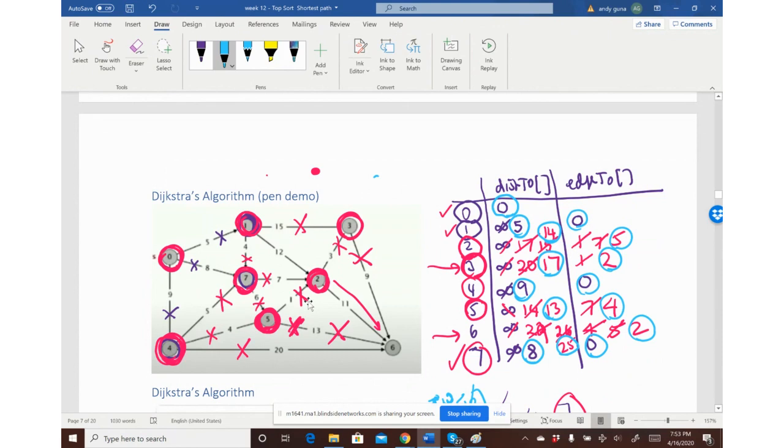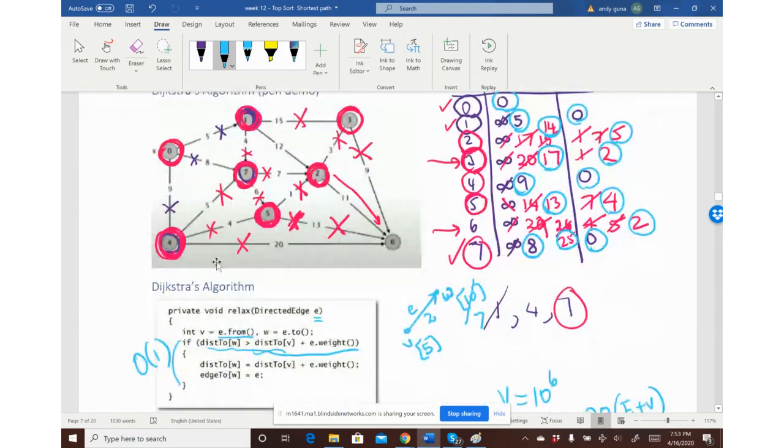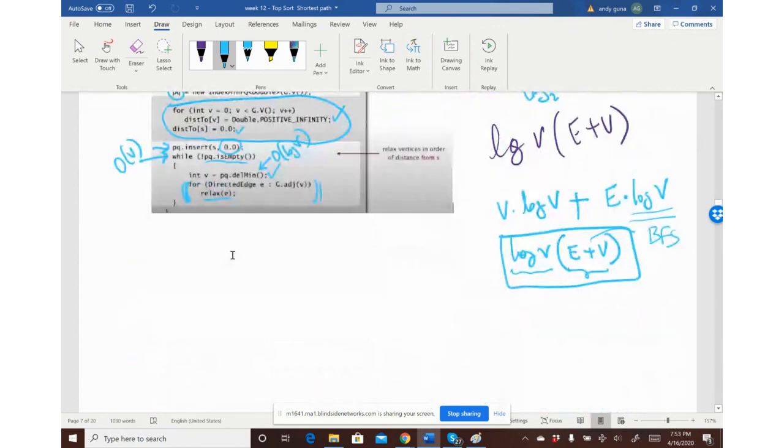Now, clearly, it's the single source shortest path, right? So if you think about all source shortest path, what would the complexity be? Suppose I want to find the shortest path from every node to every other node.